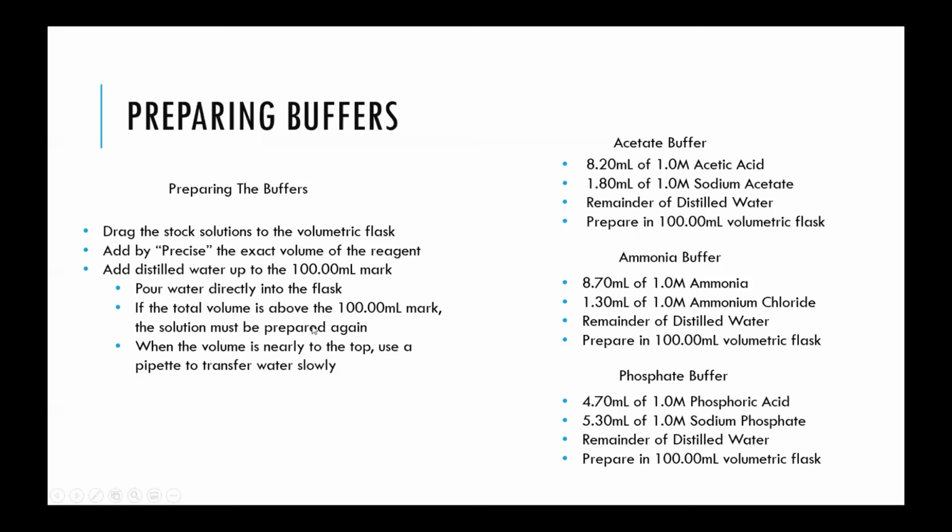You can slowly add water into the flask using a pipette or something like that. If you do go over the mark, you really should prepare the solution again, because that will decrease the concentration of these buffers, and the pHs will be off when going through the rest of the simulation.